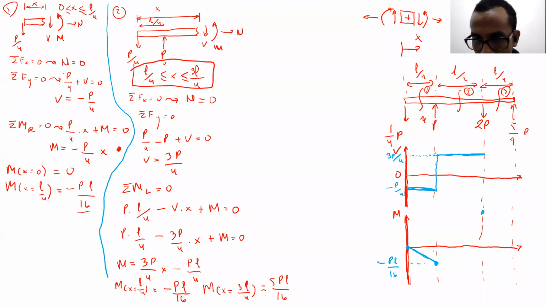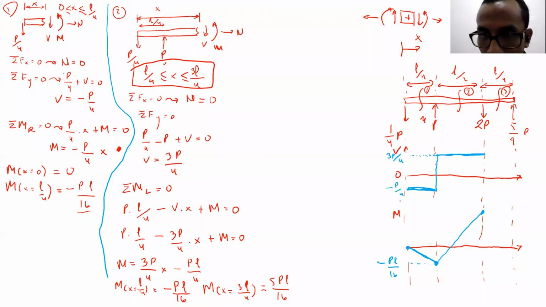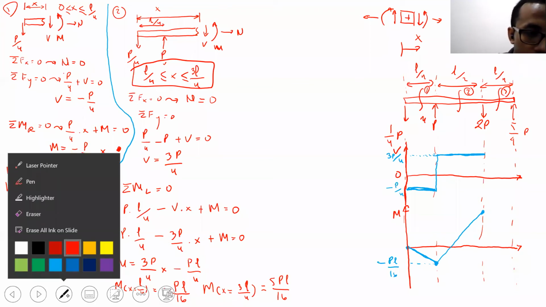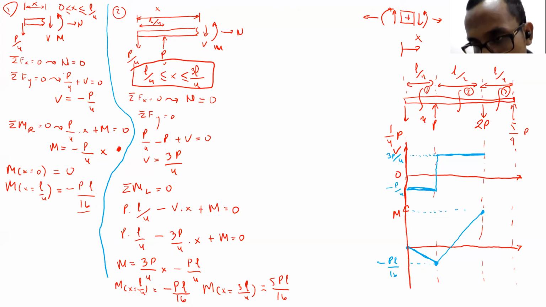Okay, then roughly around here. And the value there is 5 PL over 16.